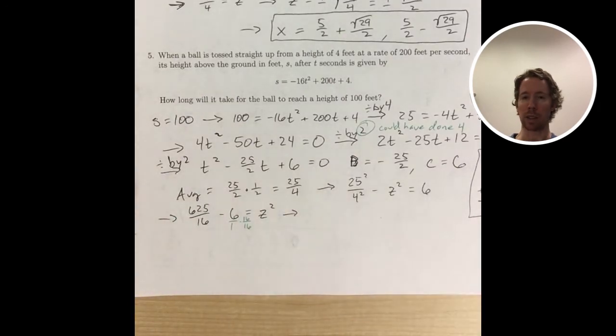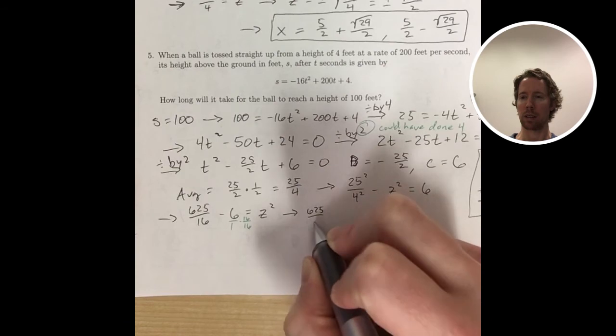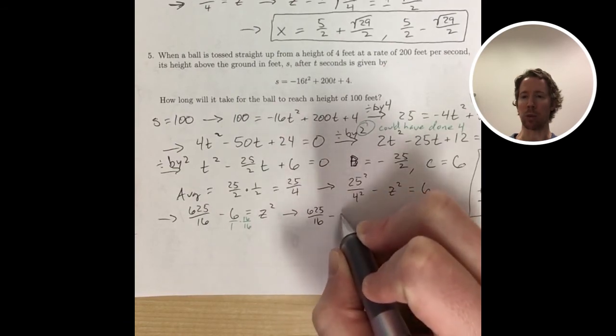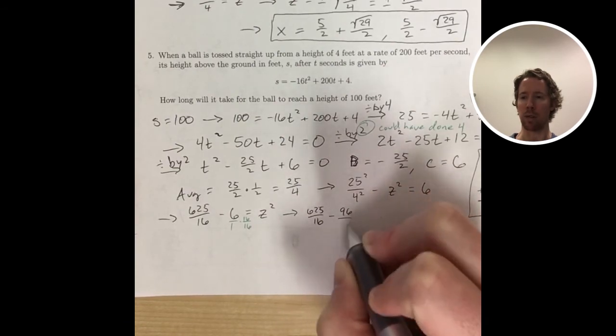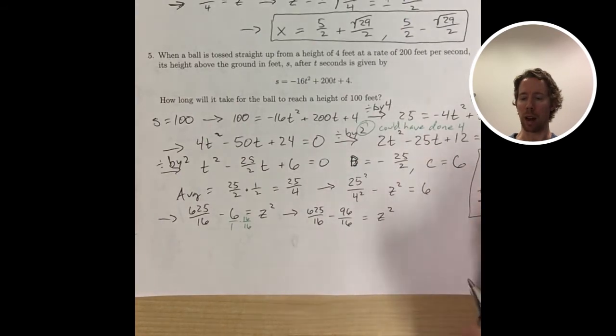So 625 16ths minus 96 16ths, which means I need to subtract those two numerators, 625 minus 96. So I'll do that off to the side as well.